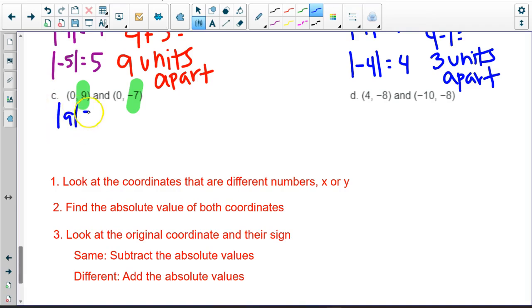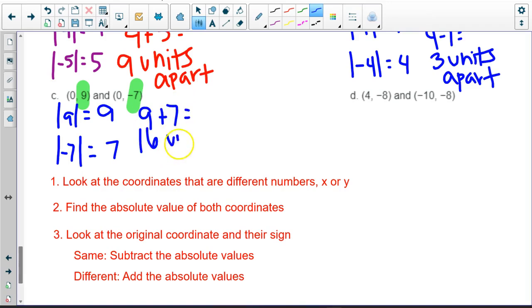The absolute value of 9 is 9. The absolute value of negative 7 is 7. Third step says to look at the sign. I have a positive 9 and a negative 7. Different signs mean add the absolute values. So 9 plus 7, which tells me these are 16 units apart.